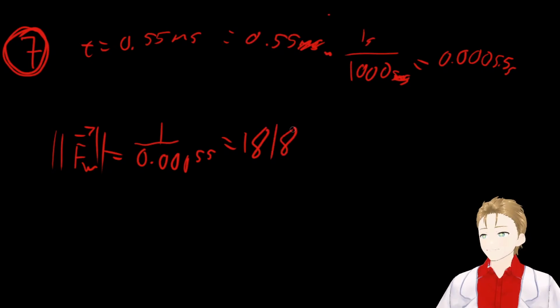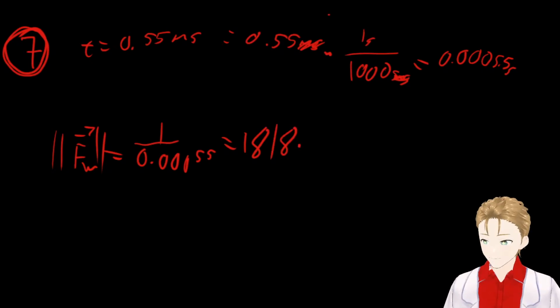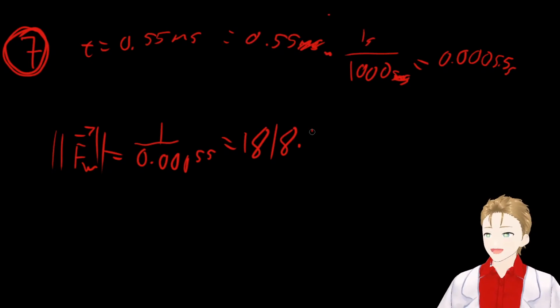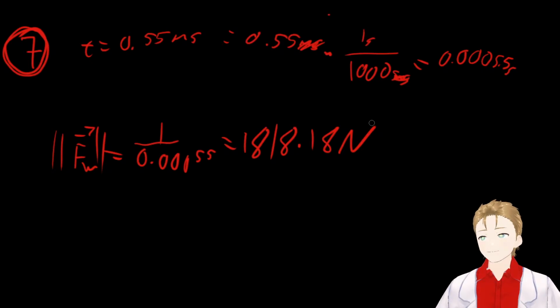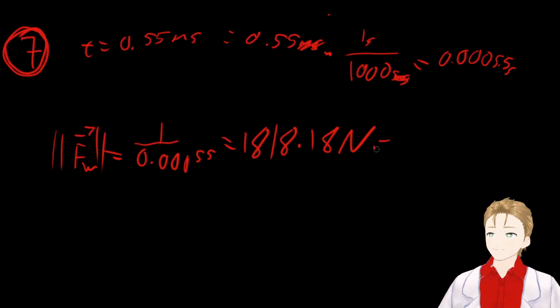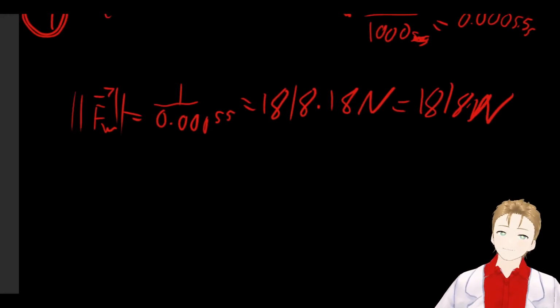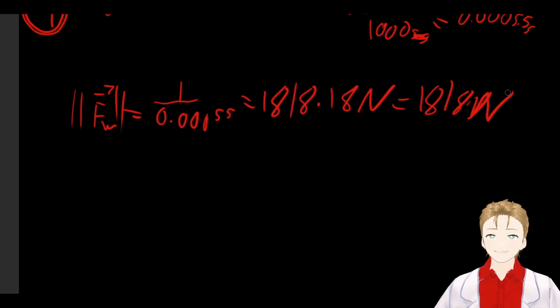That was 18 point. What was it? Was it 18? A lot of 18 newtons. Yeah. Which is just, I can say 18 newtons. 1818 newtons of force from each.